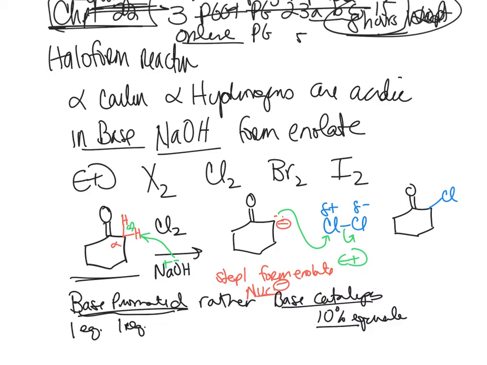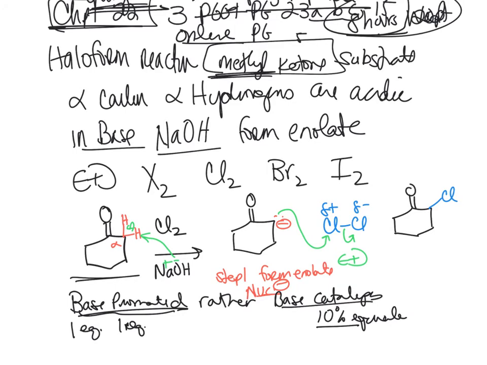So now, the haloform is really about the methyl. You see it really in methyl ketones. Okay? So we're going to show you what a methyl ketone is. That's your substrate.